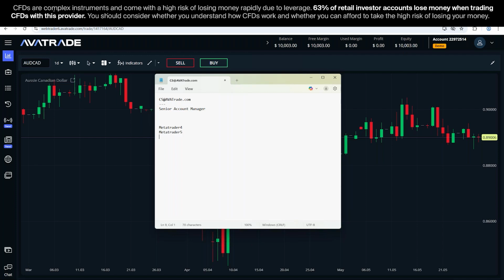Besides that, we have the MT4 and MT5. We have Ava Futures, Ava Social, and Ava Options. And the web trader is also known as the AvaTrade trading app.